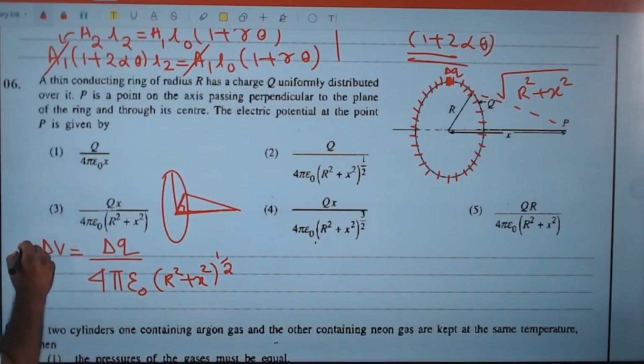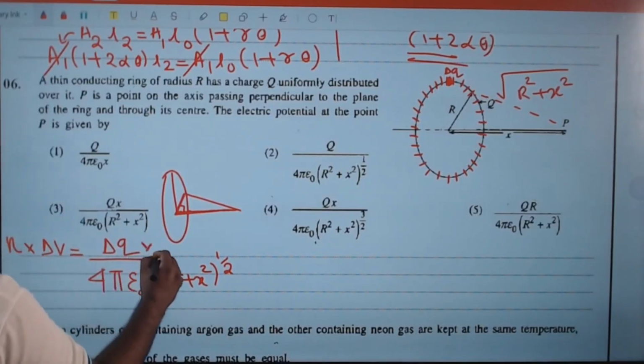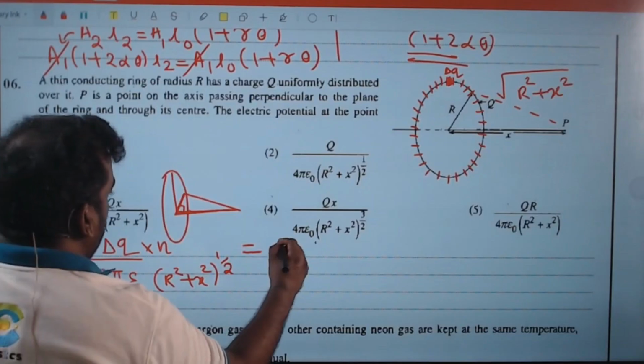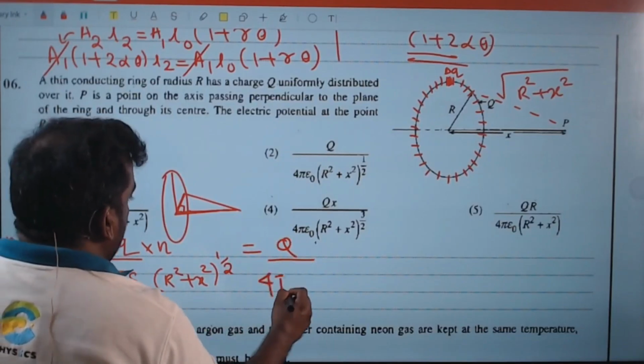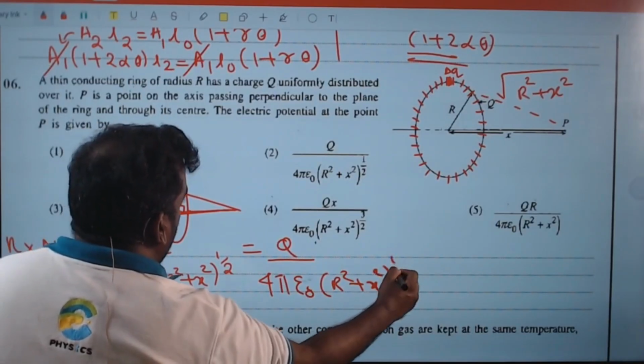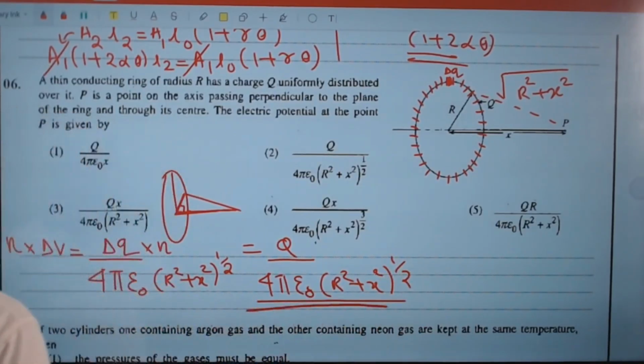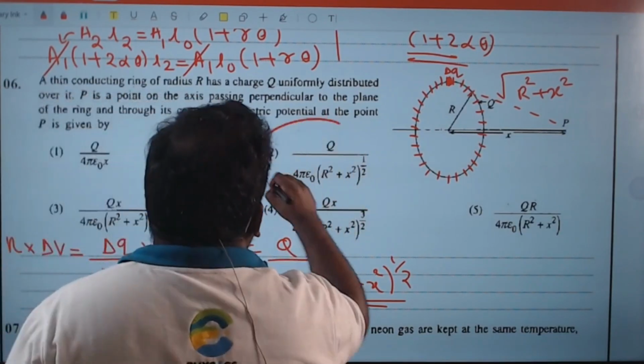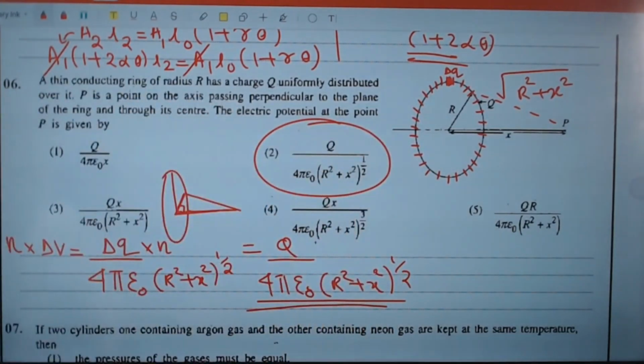There are n number of charges, so the total charge is Q over 4 pi epsilon naught times square root of r squared plus x squared. This will give you answer number 2.